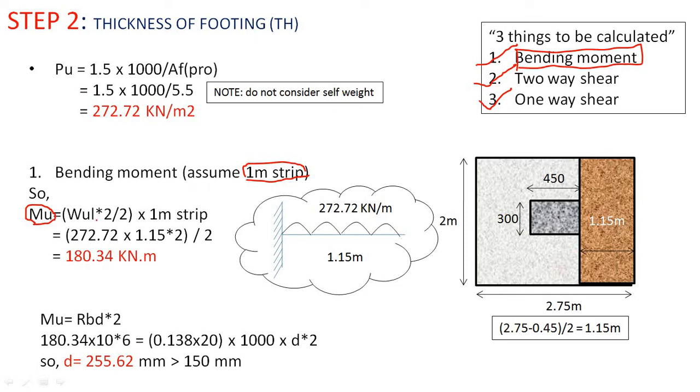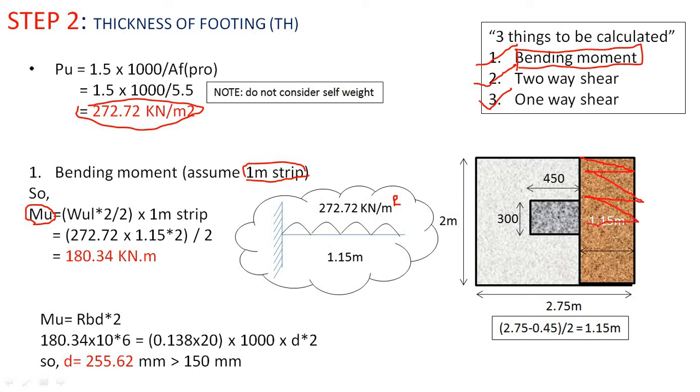So in our case we have the value of the WU, which means load, which is PU, 272.72 kilonewton per meter. What we have to do, we have to take the bending moment at the face of the column. So here you can see the brown thing.